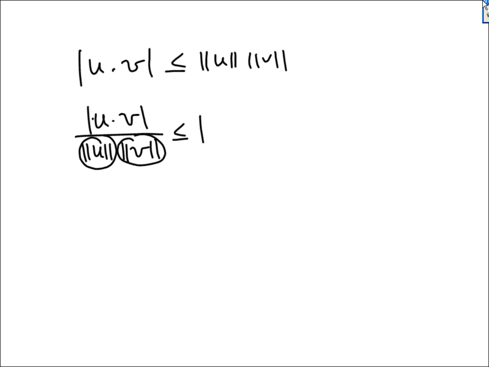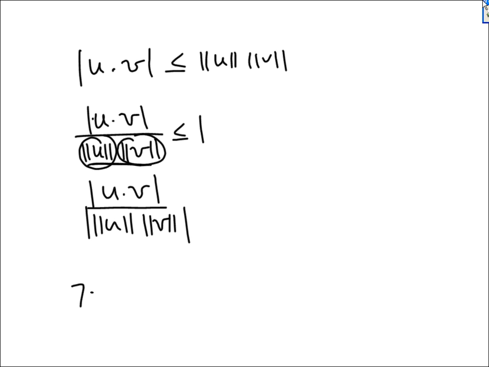But then each of them is positive. The length of a vector can be 0, but it can't be negative. So this is positive, which means that I can put absolute values on it.